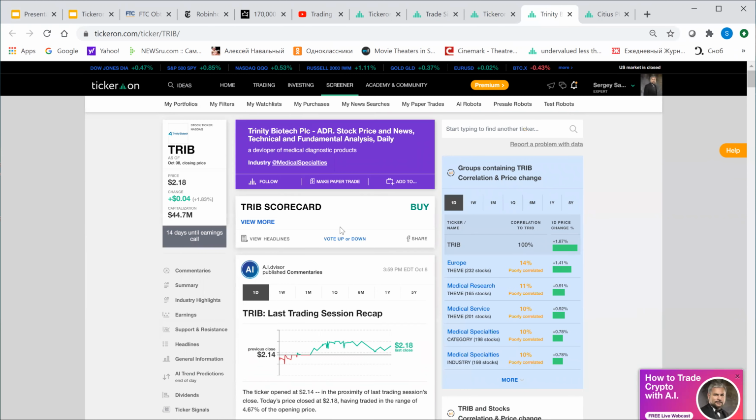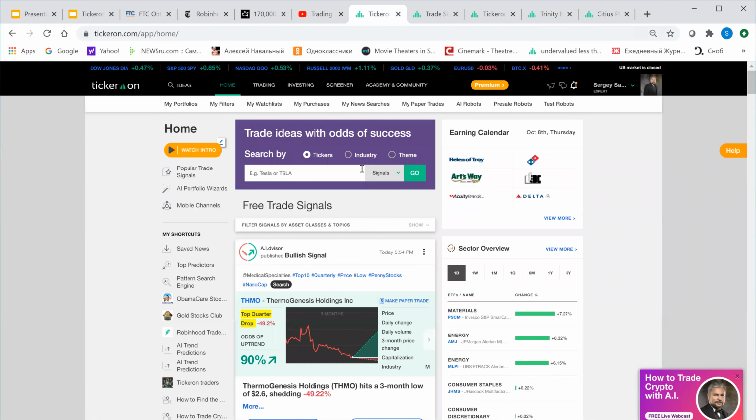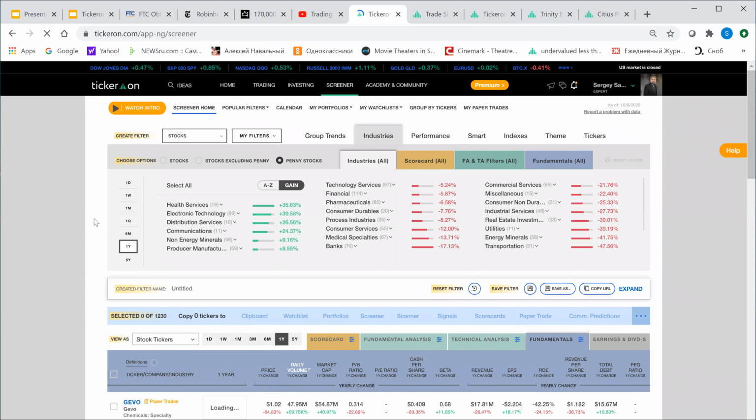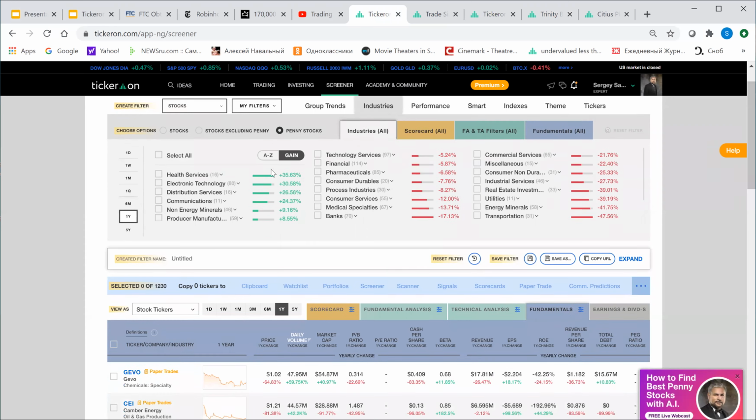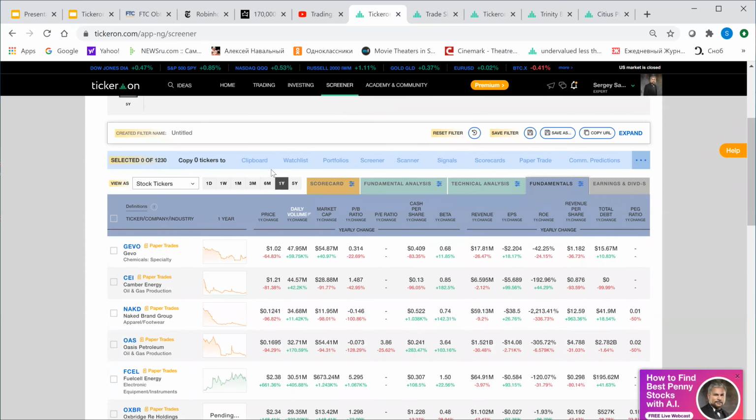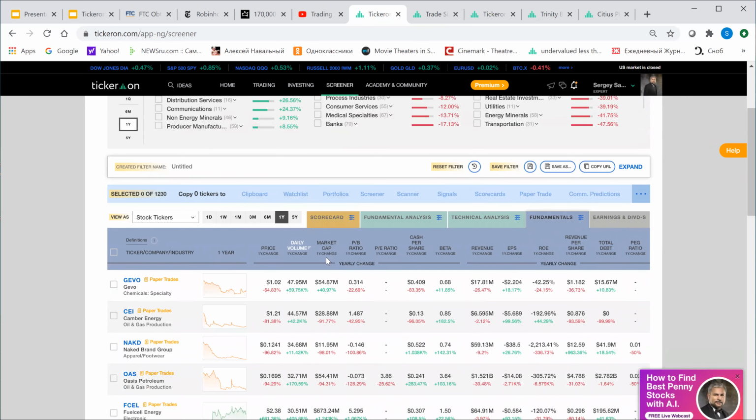Okay, now next step, I'm going to show you how to set up a screener for penny stocks, and how you can move from the screener to the other modules, okay? As you can see, it is set up here, stocks including penny stocks, okay?